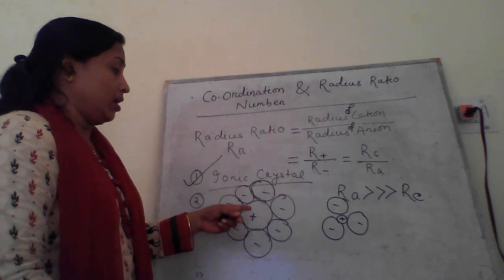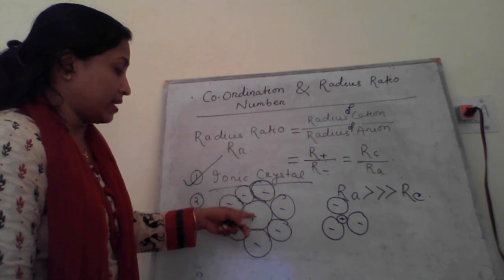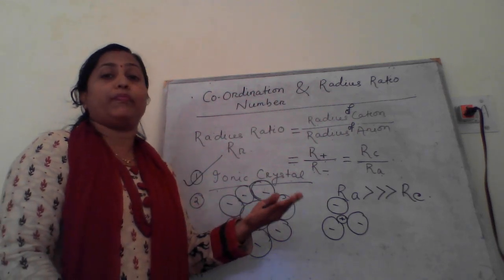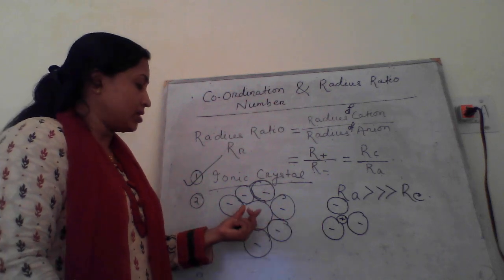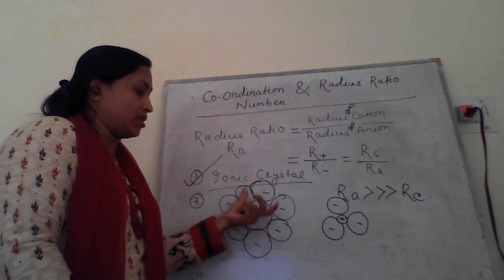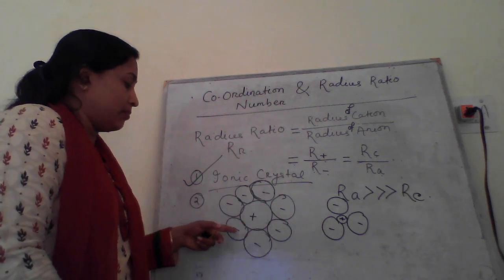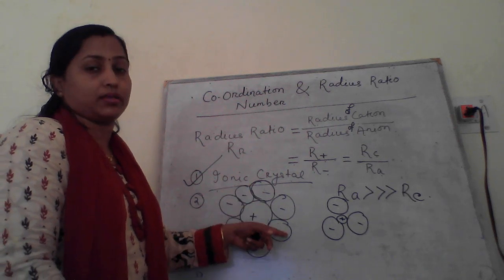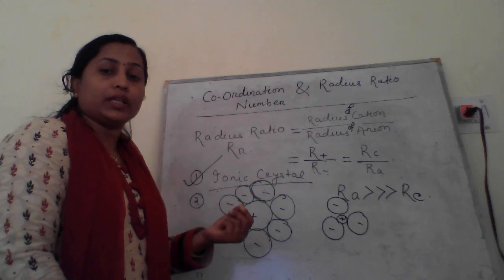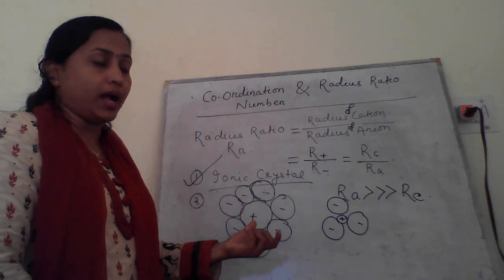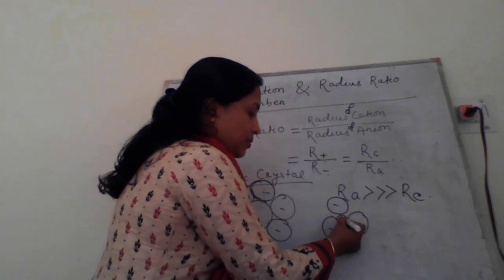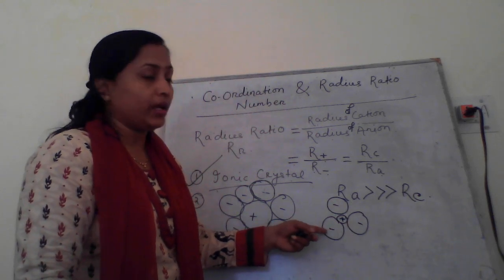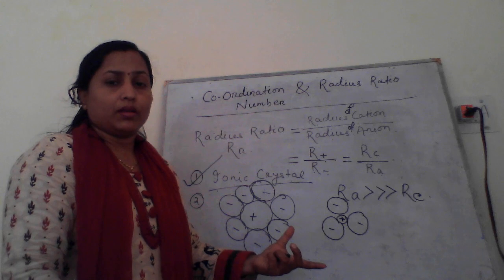So for a larger cation, the coordination number must be high, because to surround a larger cation there must be a large number of surrounding anions. In case of a small sized cation, the coordination number is smaller.